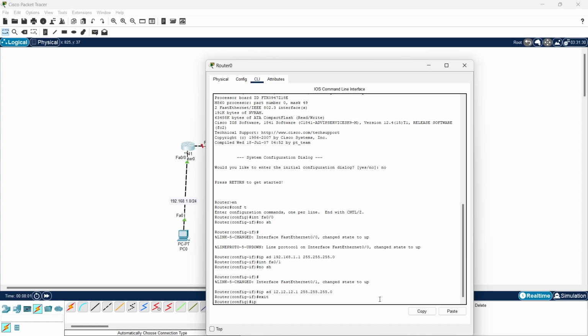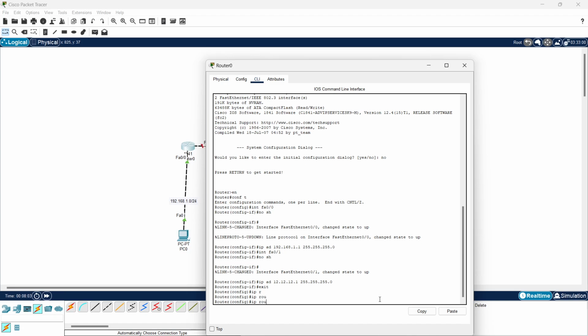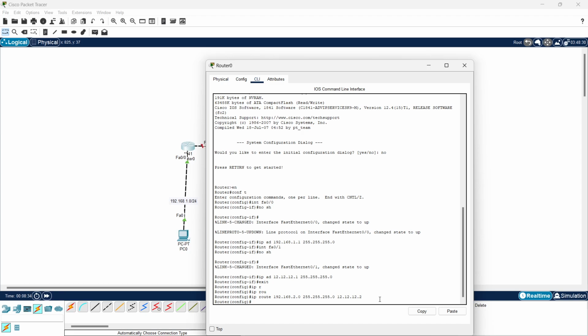So we type IP route with the IP address 192.168.2.0 with the prefix 24 from the IP 12.2. Okay, that is for router 0.